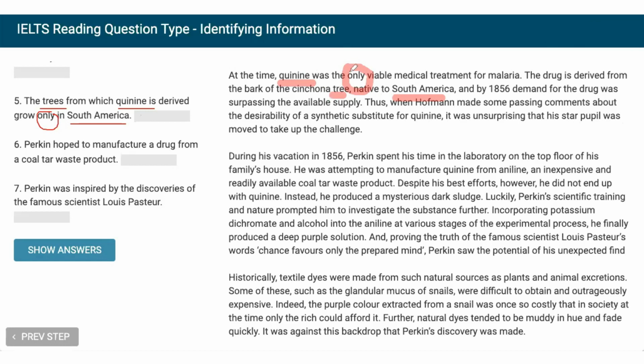We know that quinine was the only viable medical treatment for malaria, but that doesn't necessarily make this true. Again, it doesn't make it false. There isn't anything in here that says the tree is available or grows in other countries or on other continents. So in that case, this would be not given because we cannot contradict and we cannot prove the question statement based on this information alone. So not given.